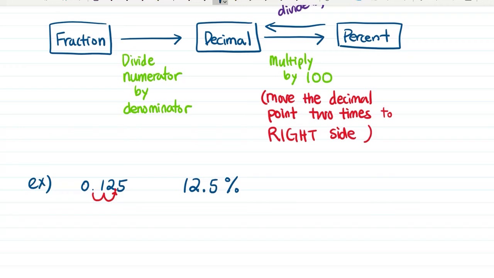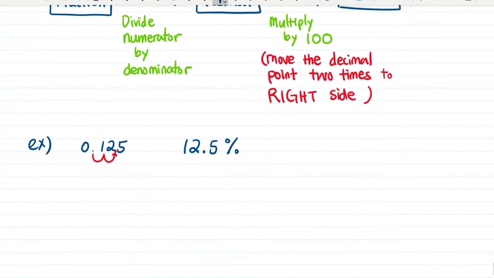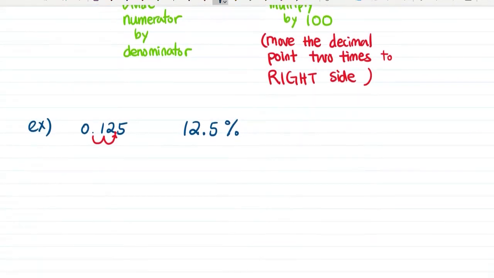And what if you have the percent instead of the decimal? Let's say 0.17%. Then you're finding the decimal by moving the decimal point twice to the left side. 1, 2. So that will be our new place for the decimal point.